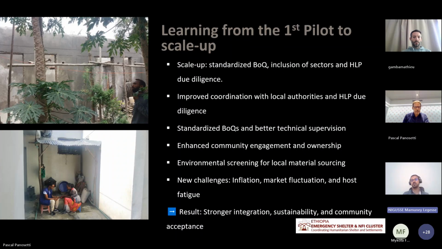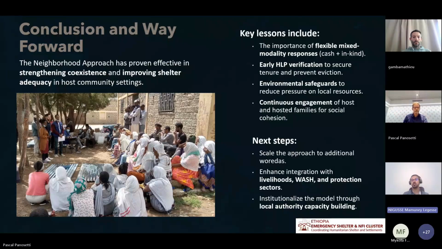Then the construction supervision as well as the distribution has to be phase by phase. The materials are not distributed at a single time, to avoid any risks of aid diversion or tempting priorities for the affected communities. Then the technical supervision from the partners will be there to support the masons and the local skilled laborers of the community, to make sure that the rehabilitation, renovation, or expansion is based on the minimum standards for shelter construction.